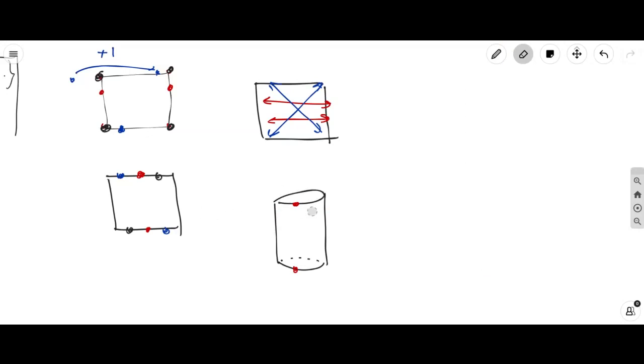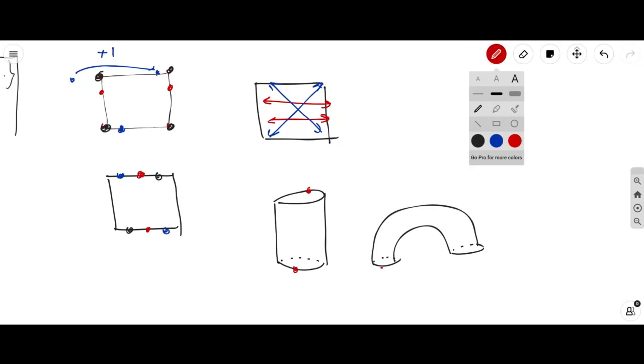So you can therefore take this one and bend it over. But here it's actually the other way around. That point has to be identified with that one. So if you try to turn it into a torus, you're going to have a problem. So instead what you need to do is deform it a little bit. And you want to make sure that this point is being identified, I'm sorry, it's being identified with this one.